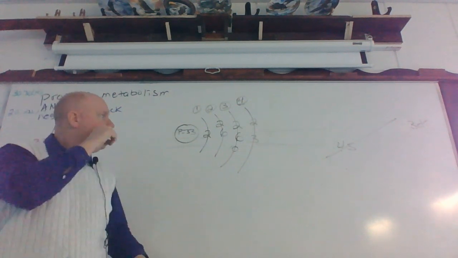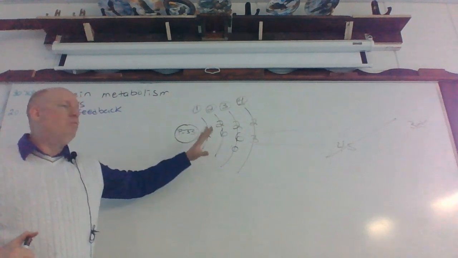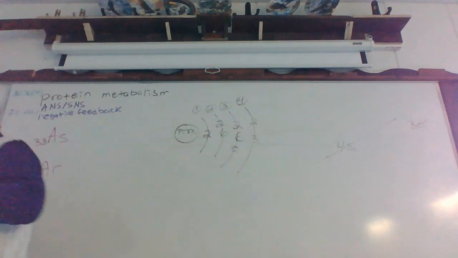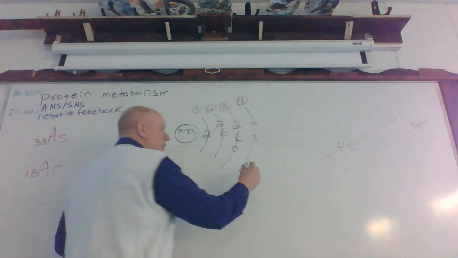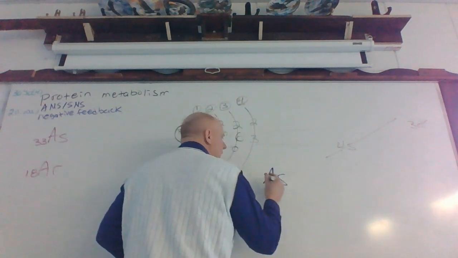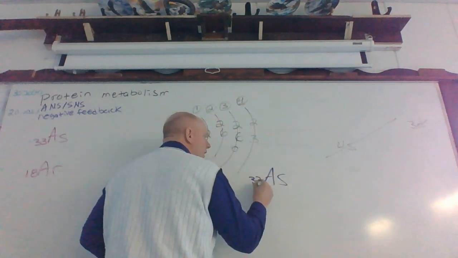All right, so we've only said it and done it 3 times, an electron configuration. This is a Bohr model. An electron configuration is just a linear depiction of the electrons in that element. Okay? So for the element arsenic, we need 33.